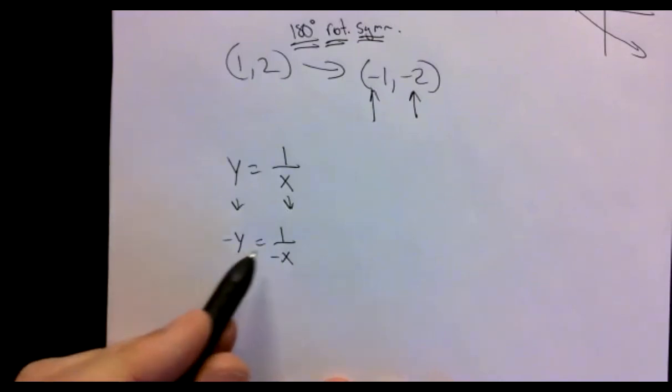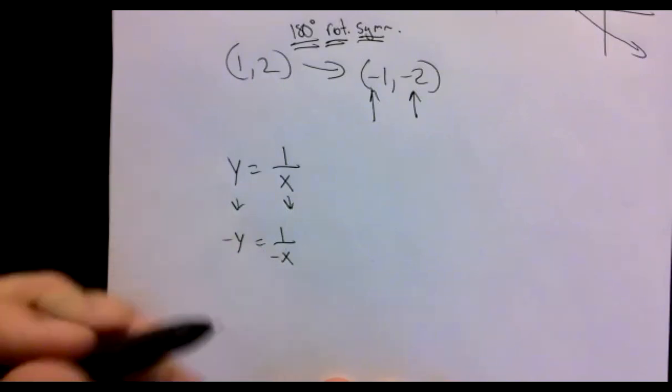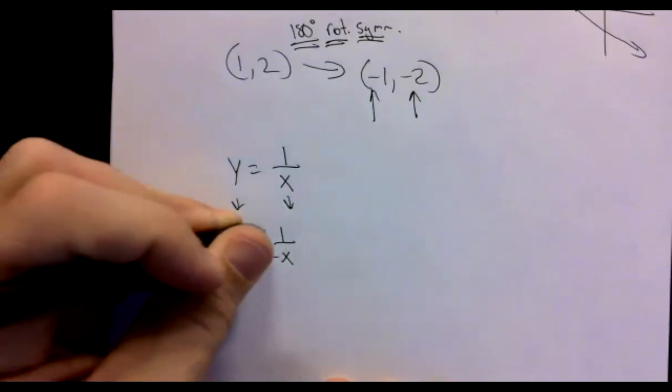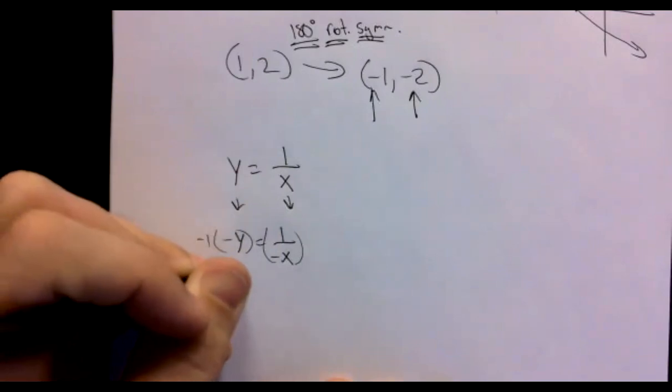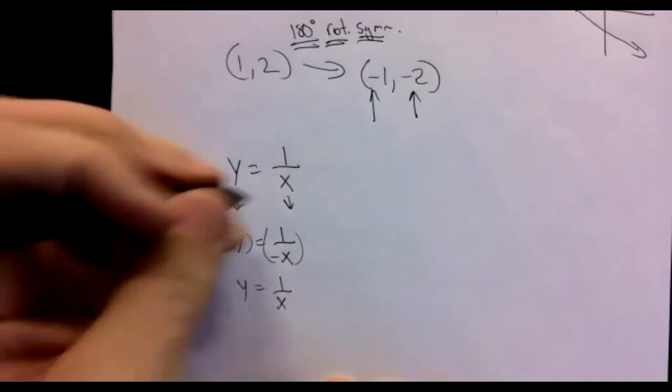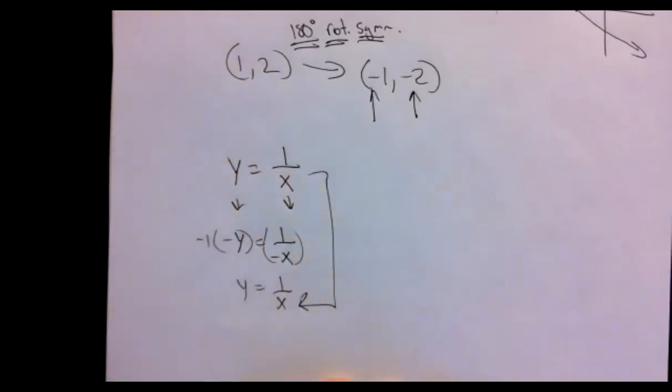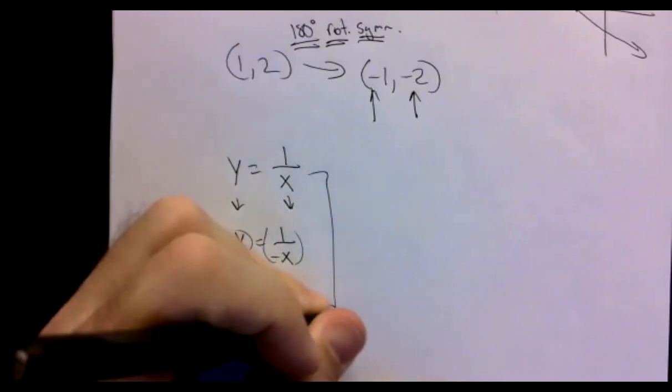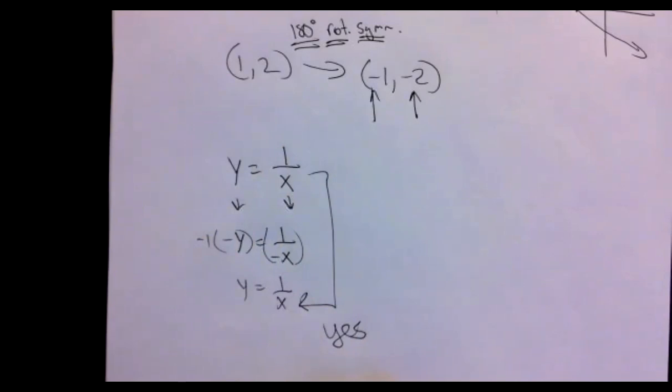In this case, -y equals -1 over x. If I multiply everything by a -1, then I end up with a positive y and a positive 1 over x. So again, if you can change both of them and it doesn't change your function, then you do have symmetry with respect to the origin.